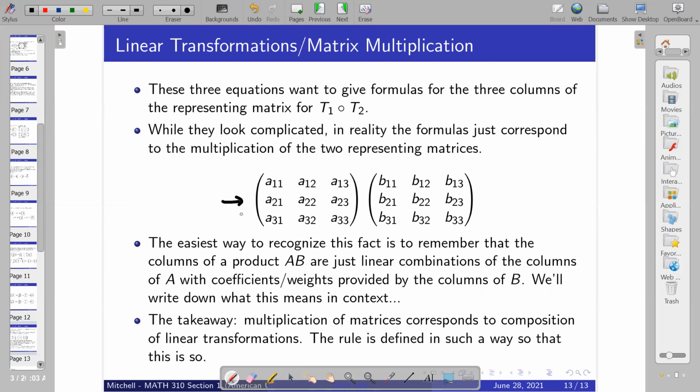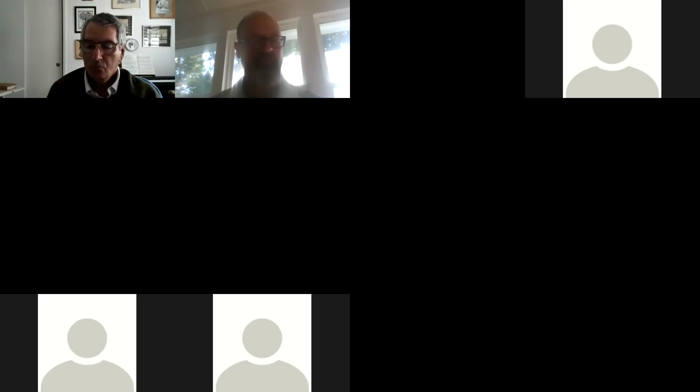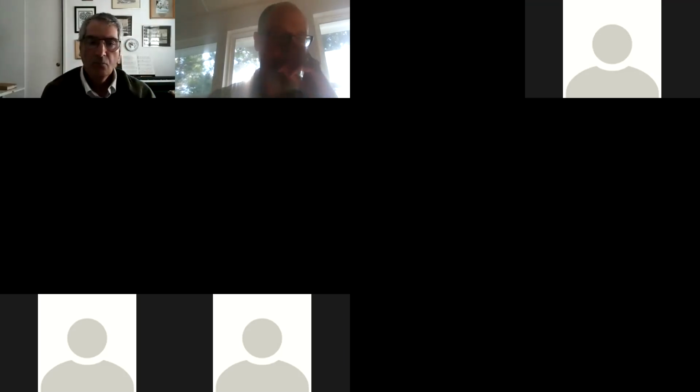So what I'm saying here is that the representing matrix for T1 of T2 is just the product of the matrix which represents T1 with the matrix which represents T2, in order. So when you think of things this way, the idea behind matrix multiplication is that it has to be defined in such a way as to achieve this correspondence.